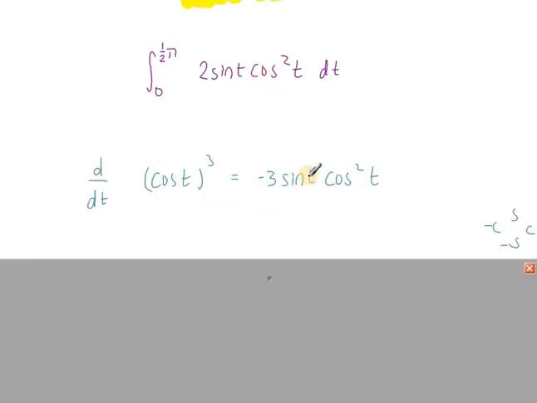They must be identical, so I need to multiply or divide both sides by a constant. If I multiply this side by minus 1/3, these cancel. Minus 1/3 times minus 3 will give 1, so this is cancelled.